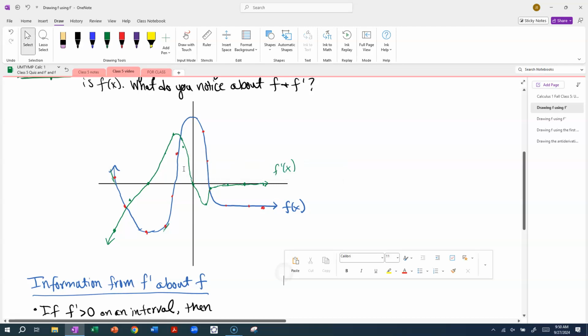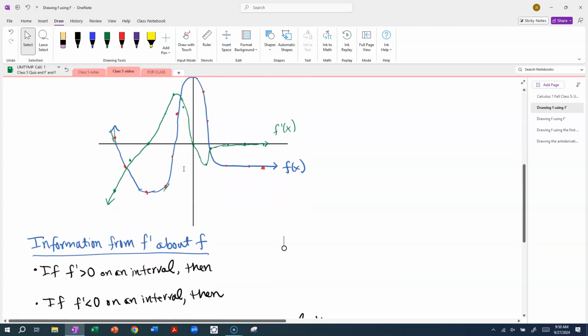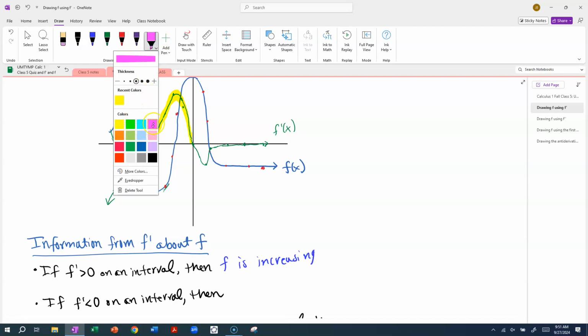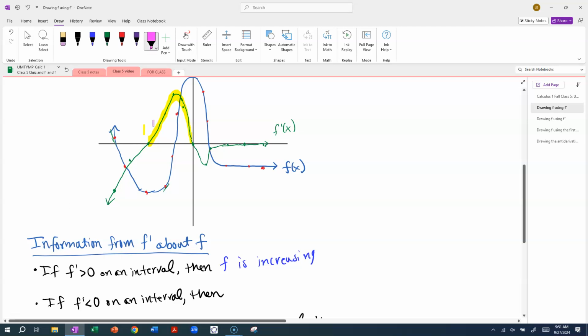Okay, and so just kind of summarizing some information and observations here. If we have a positive derivative, like up in this region, what did we observe in the graph? Well, that meant that the graph is increasing there. If we see that the graph has a negative derivative, then what we saw in the original function was that the function was decreasing.